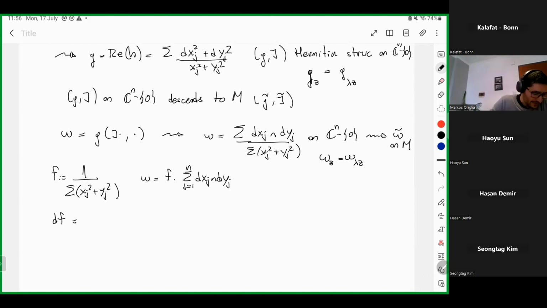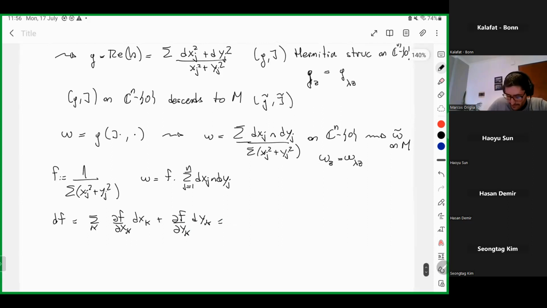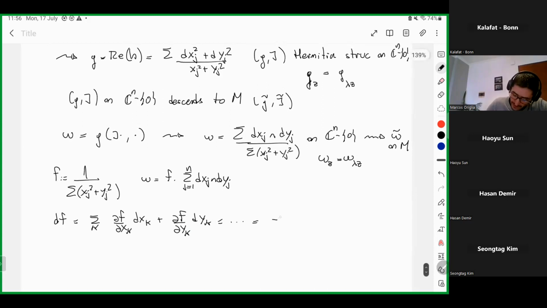So you can really do the computation, but we need to compute the partial derivatives of f in the direction of x, plus the other ones in the direction of y, for any k from 1 to n. And it turns out that this is minus 2f squared and the sum of x dx plus y dy.